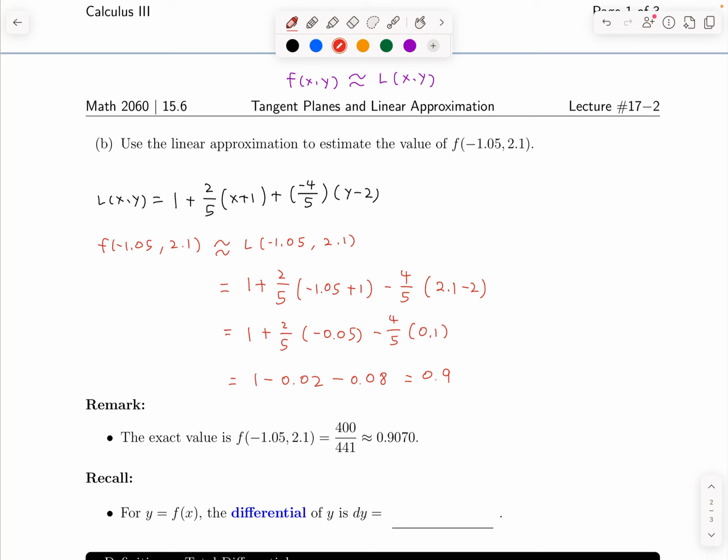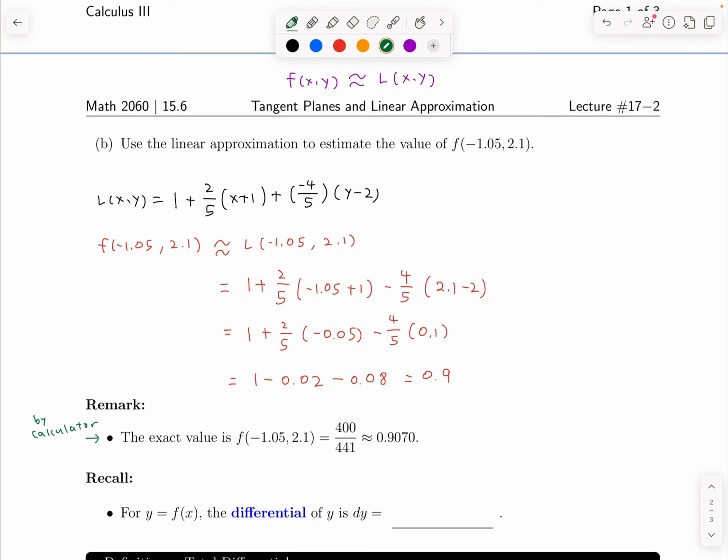Now right here, you don't have to double check this, but I used a calculator. By using a calculator, the exact value for f of negative 1.05 comma 2.1 is 400 over 441, and approximately equal 0.9070.